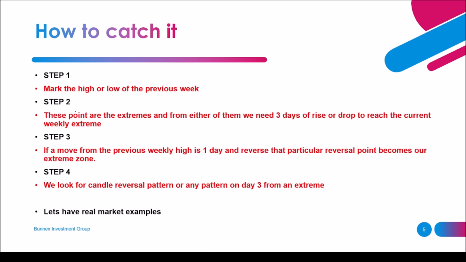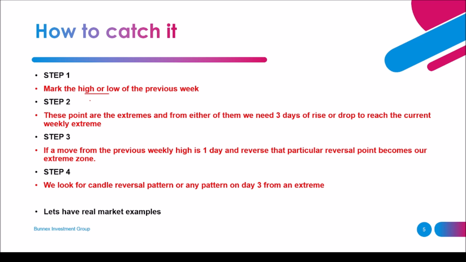The first step is to mark the high or low of the previous week. We are in a new week right now, and we can go back and mark the high and the low of the previous week. By high, we are saying the highest price, and low, we are saying the lowest price. You can easily see the weekly flow on the H4 time frame.